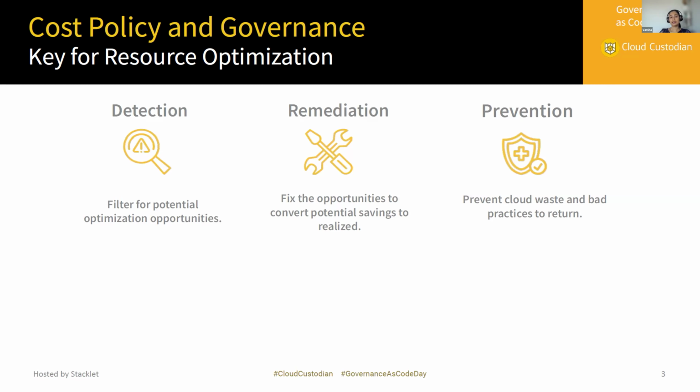That's the remediation. And then the prevention is, we don't want certain expensive resources to be spun up by everybody in every region or every area. If somebody really needs it and they have a business case, then they can have an exception. But without an exception, people cannot automatically spin up these resources.